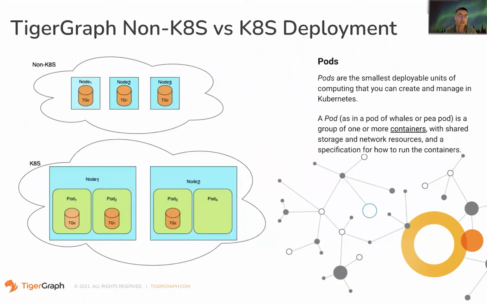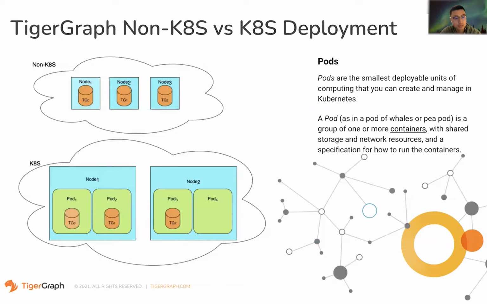Now, before I talk about how we do Kubernetes deployments for TigerGraph, let's first look at how we deploy TigerGraph without Kubernetes. If you deploy TigerGraph on bare metal clusters, you can run it as different partitions.